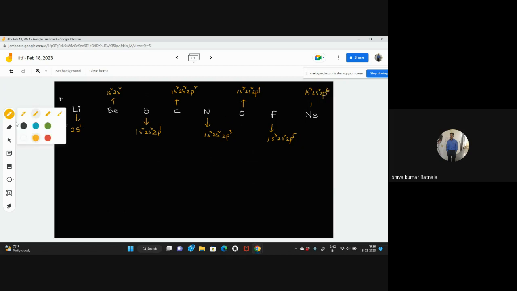Now tell me, from lithium to beryllium, size decreases, so IP value increases.